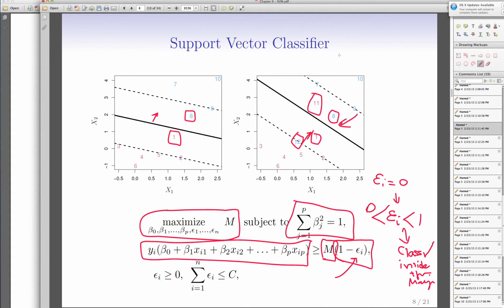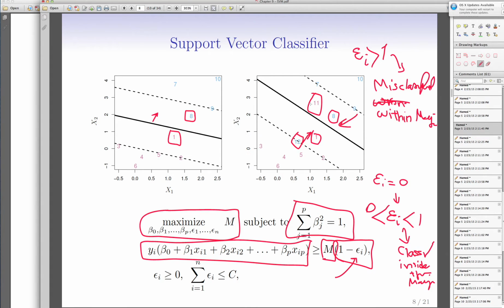If epsilon is more than 1, for any of these observations, that means they're misclassified and are on the wrong side, and they're within margins. For instance, 12 here is clearly on the wrong side of the affine line, so it's misclassified and is also on the wrong side of the margin.